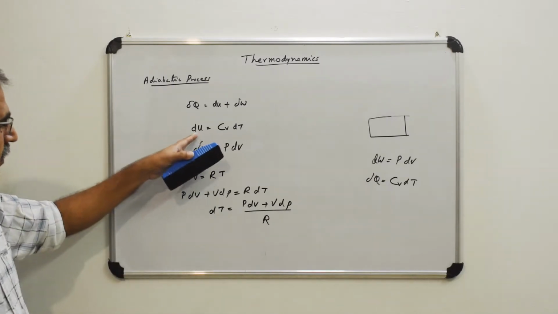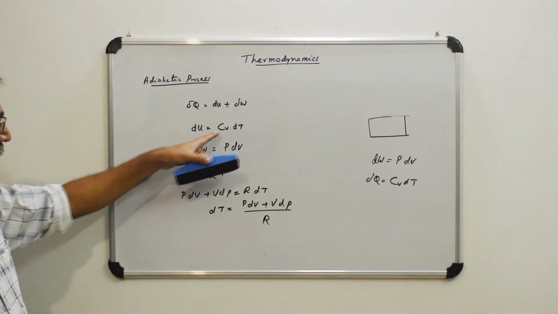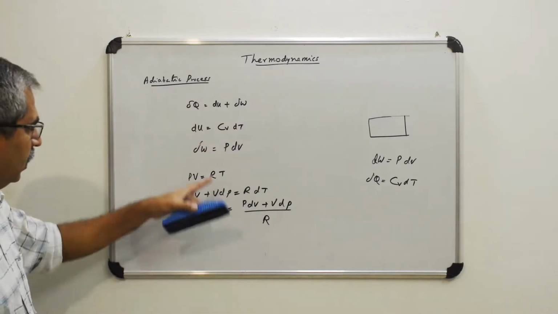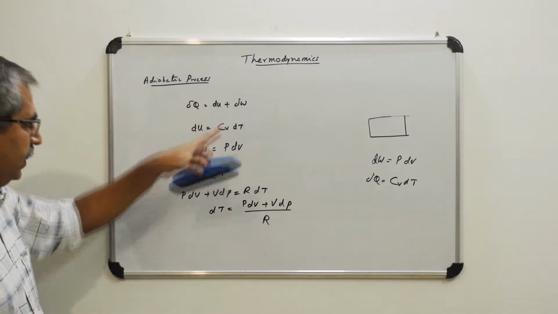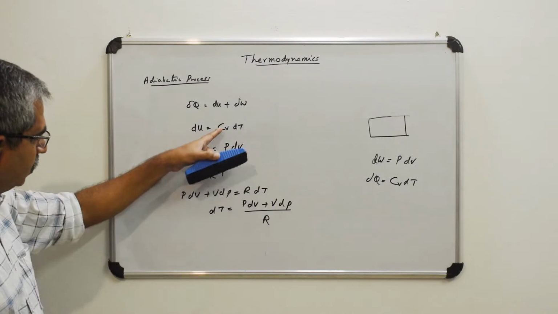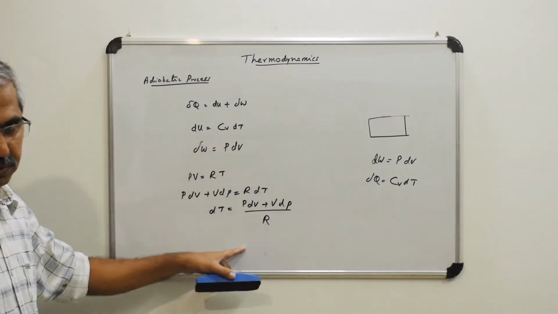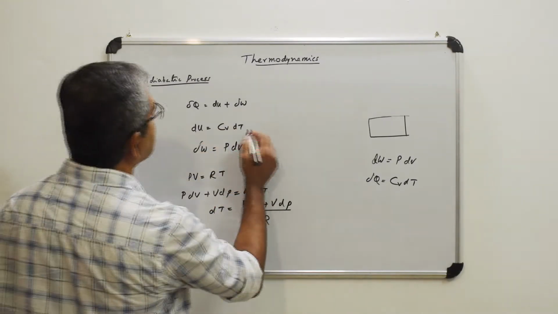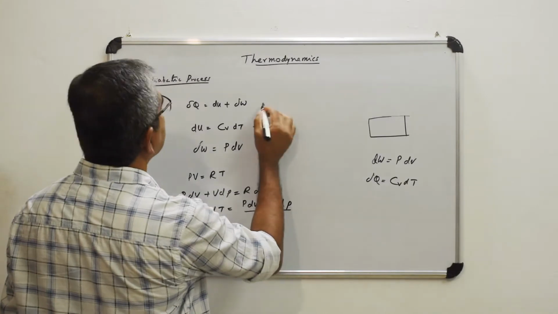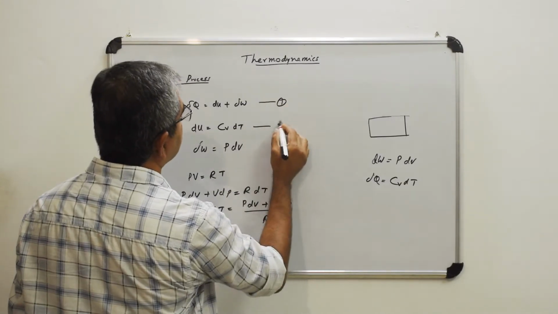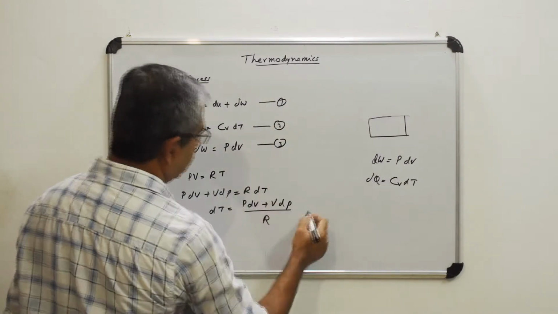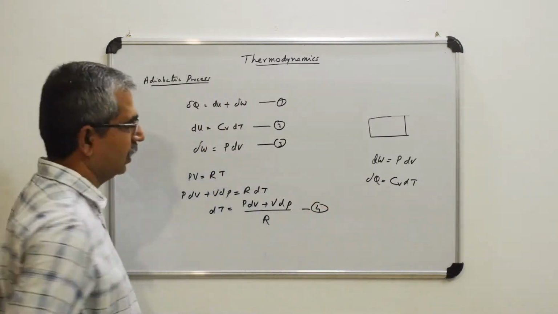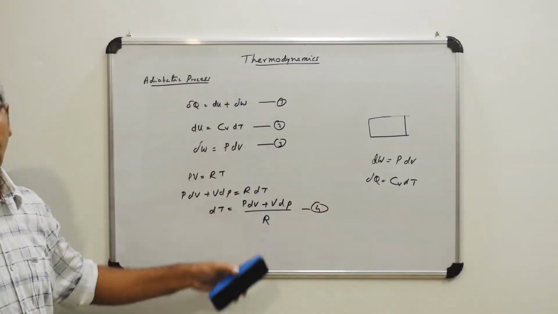So you can write it as dU. What is dU? dU is equal to Cv dT. Okay, so dU equal to Cv dT, and you can put these values. Suppose this is equation number 1, this is equation number 2, equation number 3, and this is equation number 4. So you are making use of all these equations.